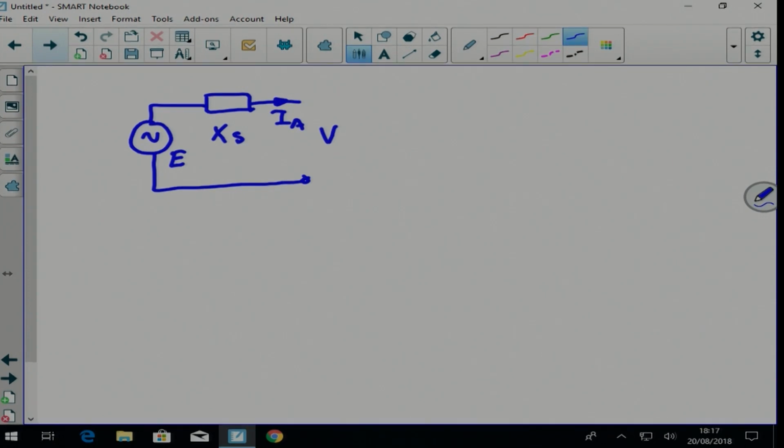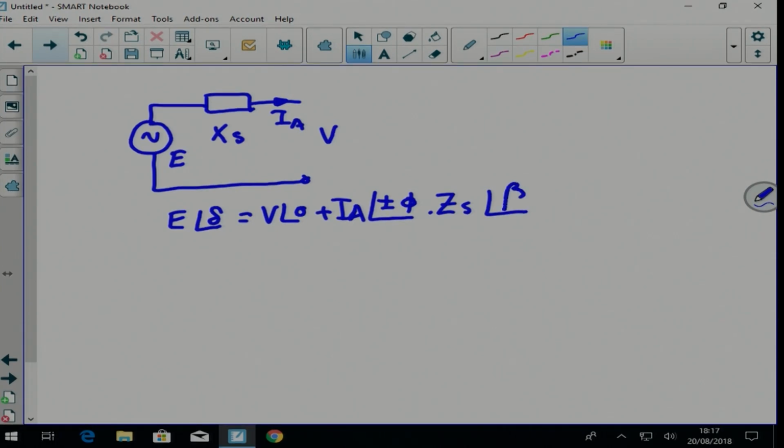Here we have E angle delta is equal to V angle 0 plus IA angle plus or minus phi times ZS angle beta.